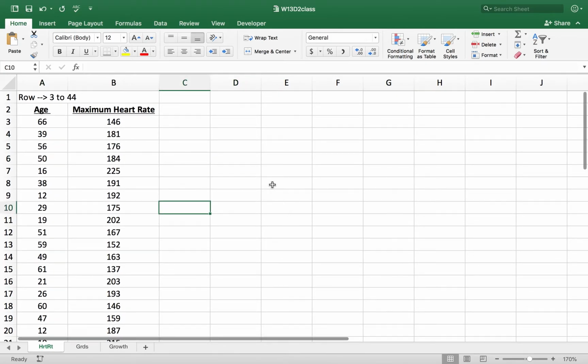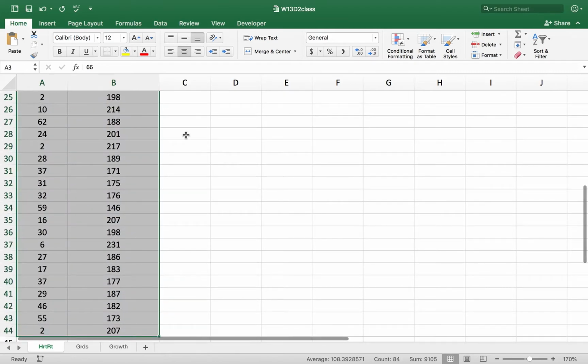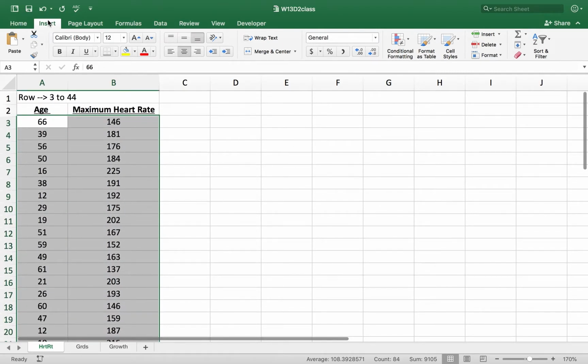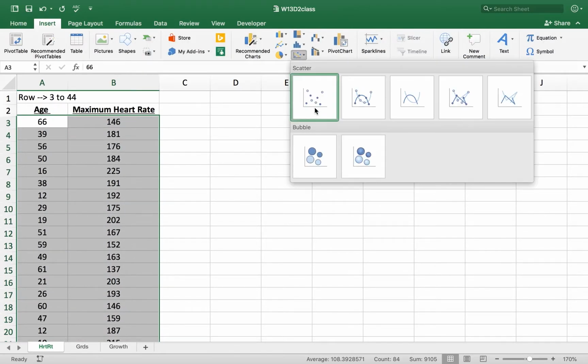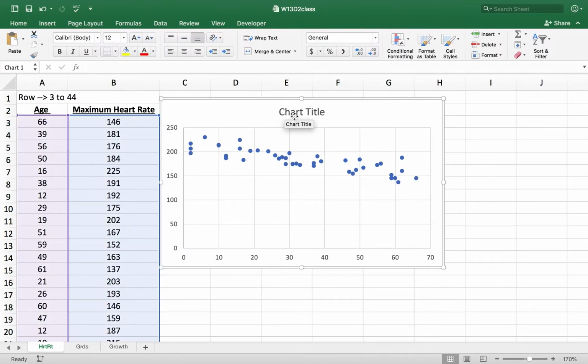Okay, so what we want to do is we want to run a regression analysis. Now, keep in mind, just because we have this data analysis tool pack, doesn't mean we should forget about our other tools. So for example, we can always insert a scatter plot to get a look and feel for our data.